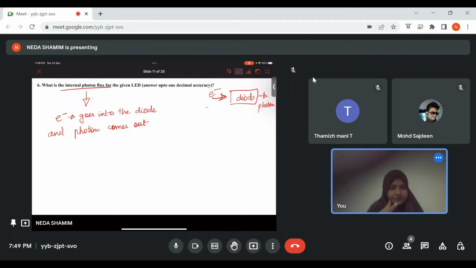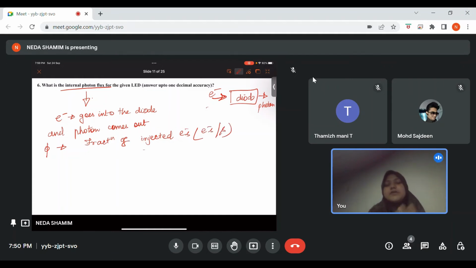Basically, we inject a few electrons in my diode. So what fraction of the injected electrons is getting converted to a photon flux? So this is my photon flux, meaning fraction of injected electrons. Now here I'll say some unit, say electrons per second.